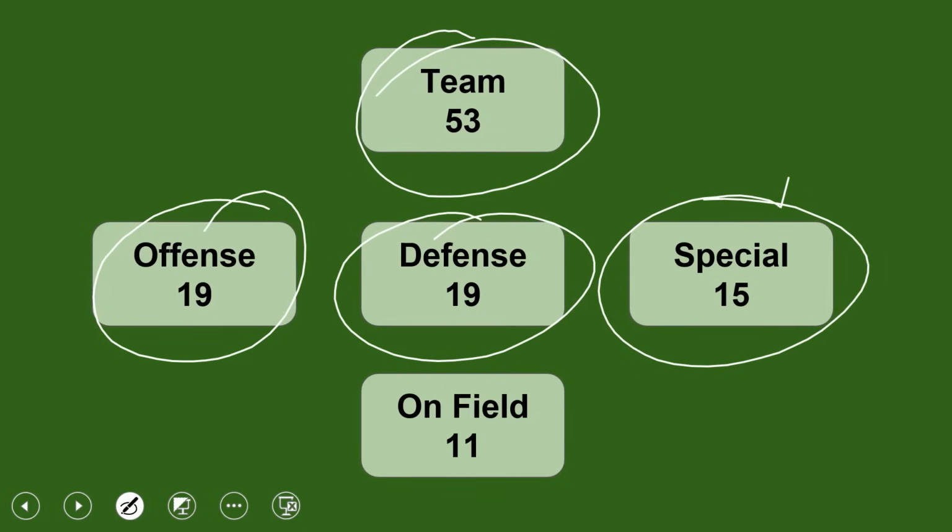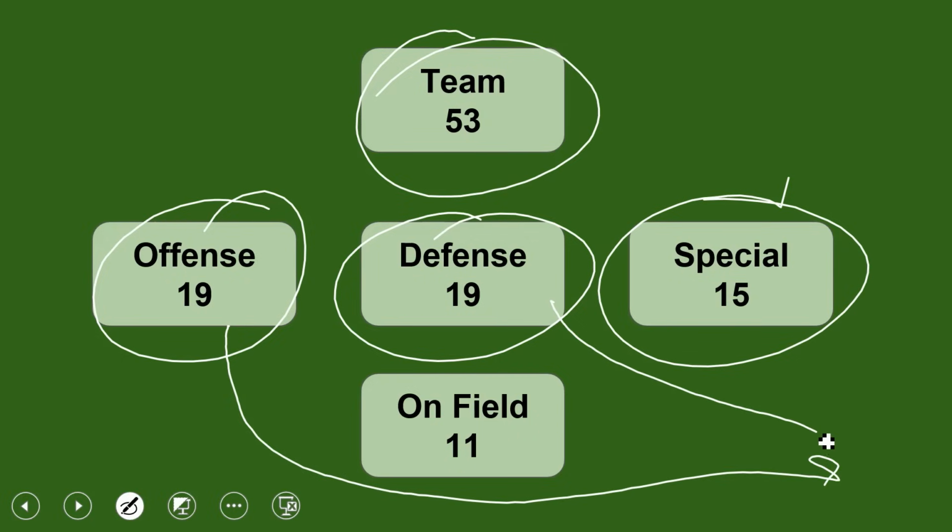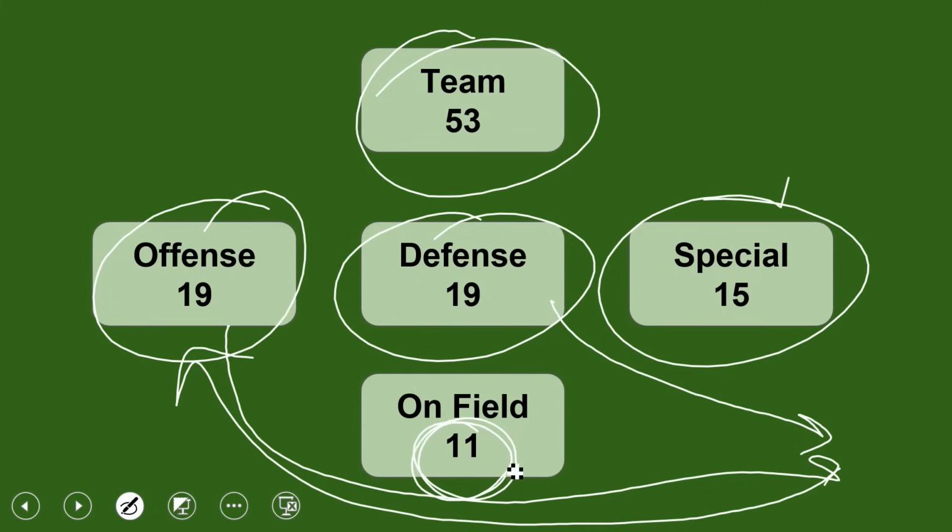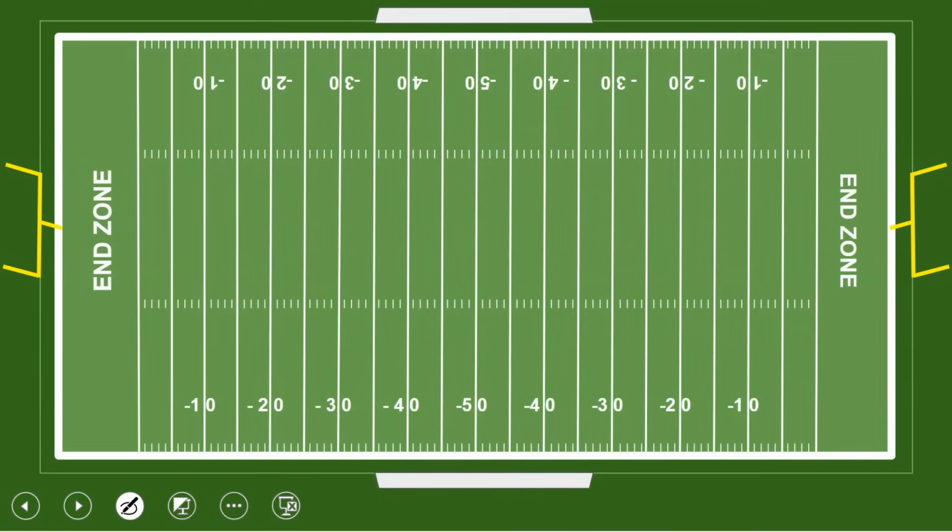When the offense is playing, the offensive players go onto the field, and when the defense is coming, the defensive players come onto the field and the offensive players go back. So this takes a lot of time, right? But at a time, there will be only 11 players on the field, either offense, defense, or special.